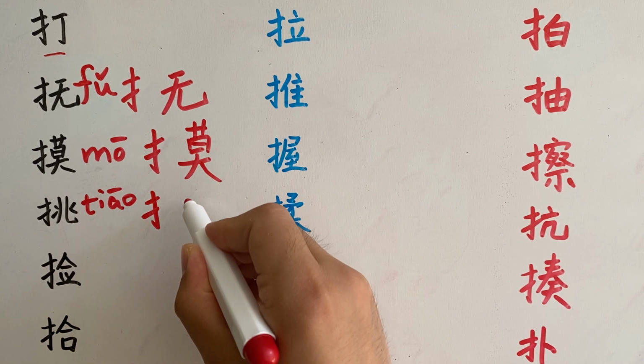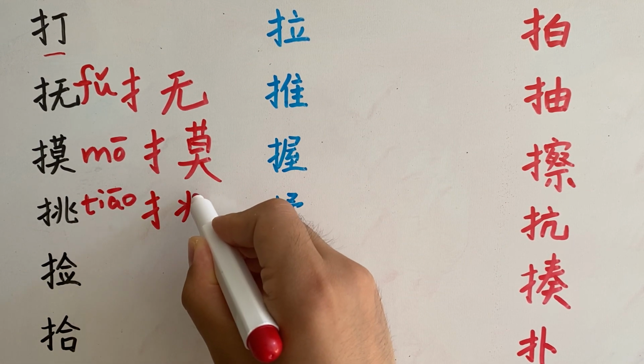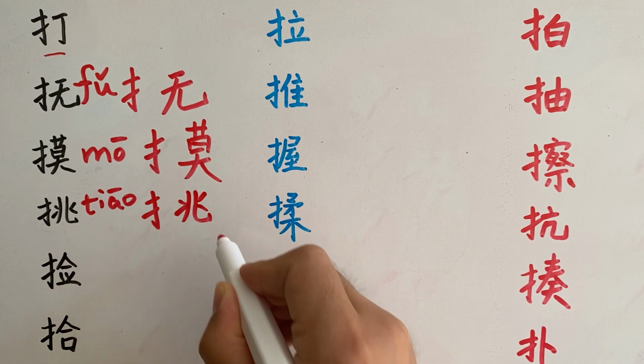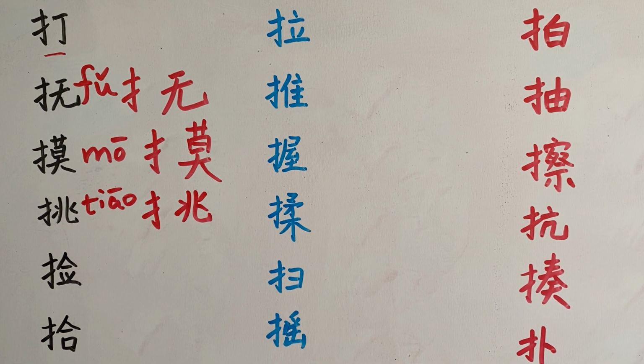The left part, the right part. So 挑水, to pick water. It means you use a barrel and go to the river and use the barrel to pick up some water. In Chinese, we call it 挑水.